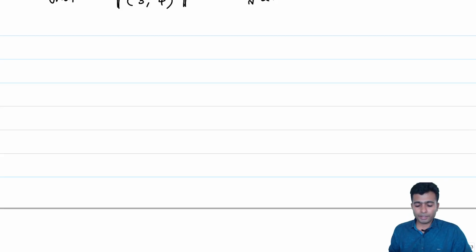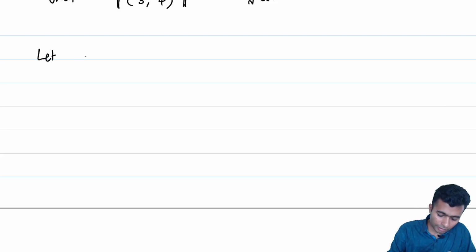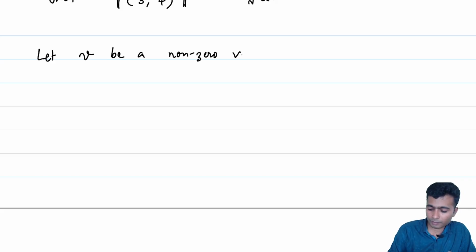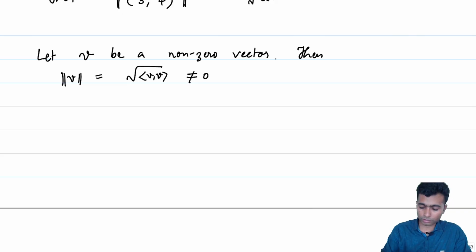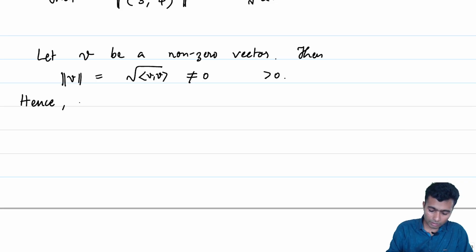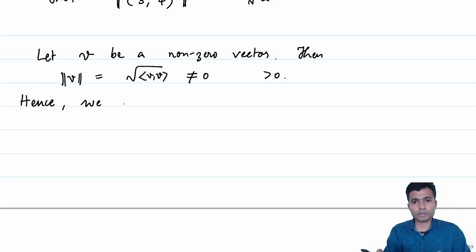Okay, so the positivity of the inner product tells us that the length of a non-zero vector cannot be 0. So let v be a non-zero vector. Then the norm of v, which is equal to the square root of v comma v, has a positive number inside the square root, not equal to 0. In particular, the norm of 0 is the square root of the inner product of 0 with itself, which is equal to 0.